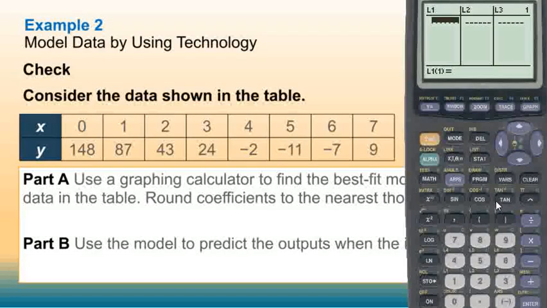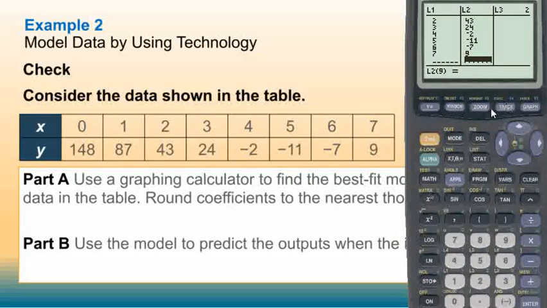So we have 0, 1, 2, 3, 4, 5, 6, and 7. The other one, 148, 87, 43, 24, negative 2, negative 11, negative 11, negative 7, and 9.